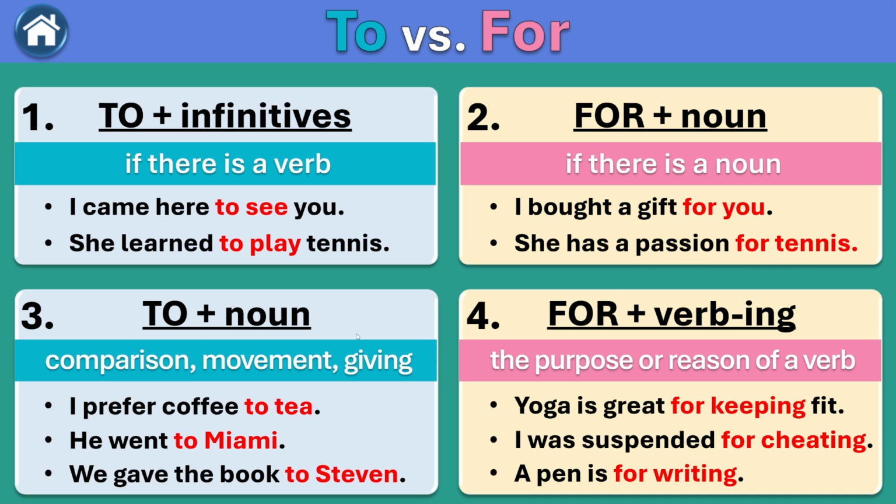Next, rule number 3, to plus nouns for movement, comparison, and giving. These are common. We have to remember that we use to for a noun if we're using these 3 situations. So preference, I prefer coffee to tea. I'm comparing the two. So it's coffee compared to tea, not for tea. Movement is one of the most common.